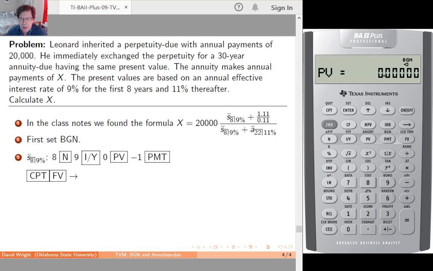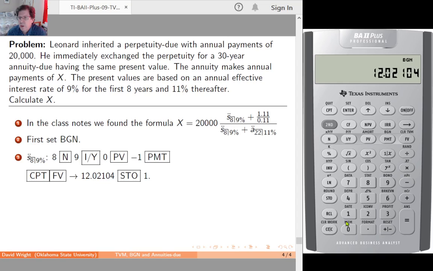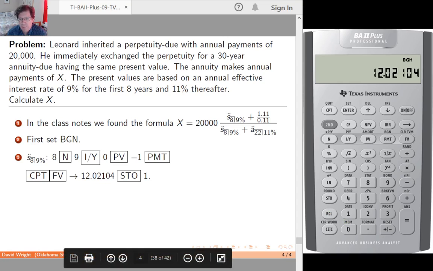And we're not going to put in a coefficient yet, so the coefficient is 1. So we put in 1 with a minus sign for payment. And then all I have to do is compute future value. And it's 12.02. And now to use it later, we're going to store it in memory location 1. So that's now in memory location 1.